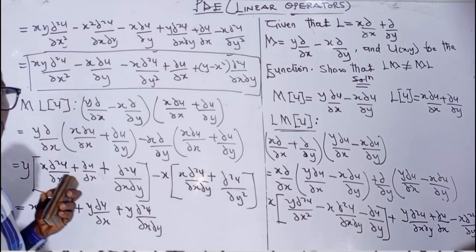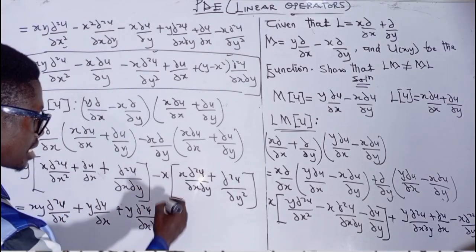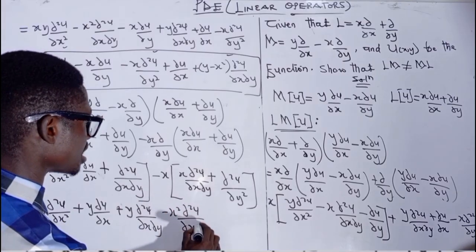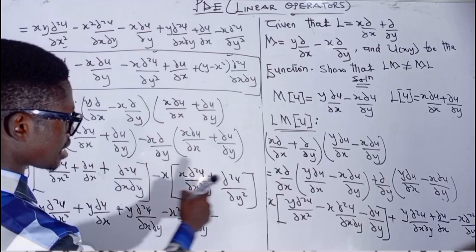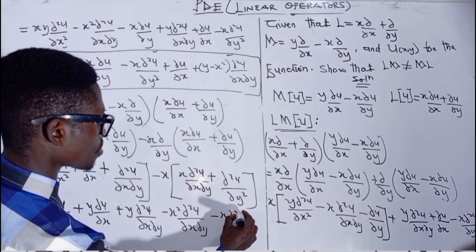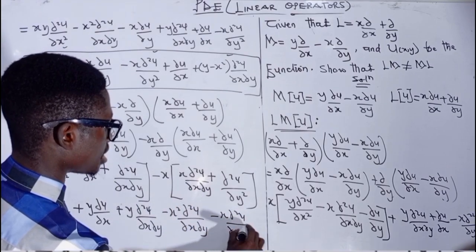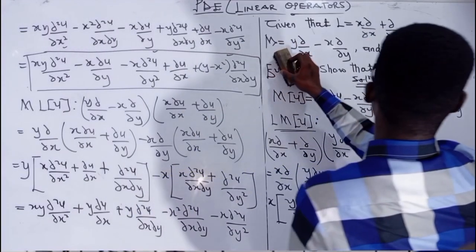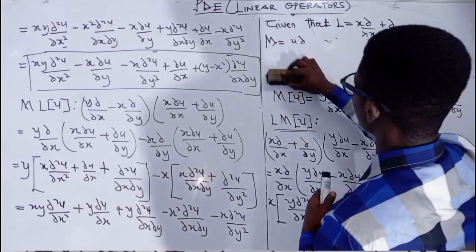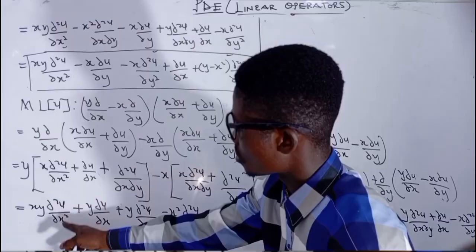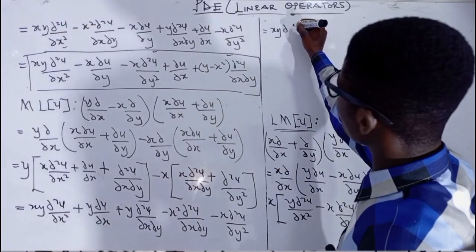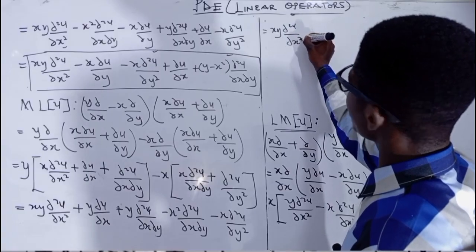Then we are also going to expand this bracket as well. Minus x times x will give us minus x² ∂²u/∂x∂y, minus this times this will give us x ∂²u/∂y². So let's see if we can group some like terms, okay? So we have xy ∂²u/∂x². We have xy ∂²u/∂x².